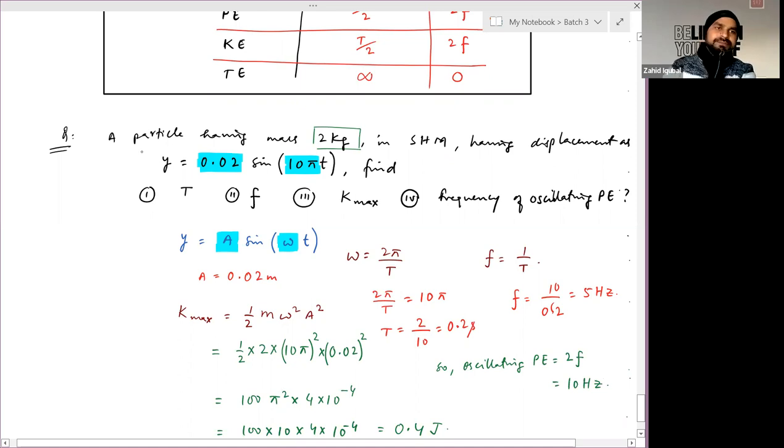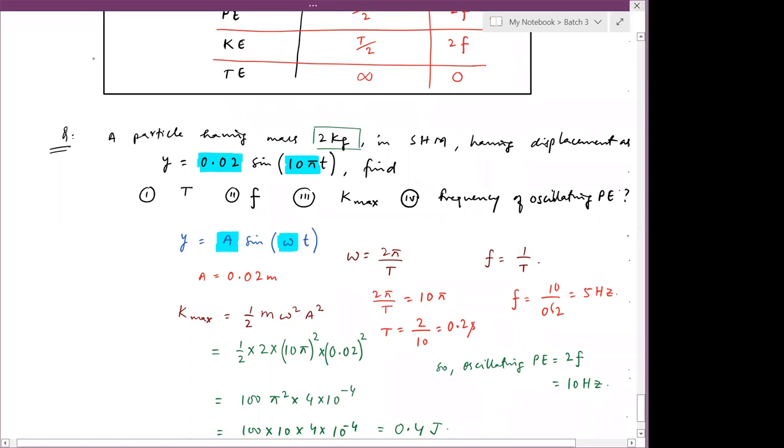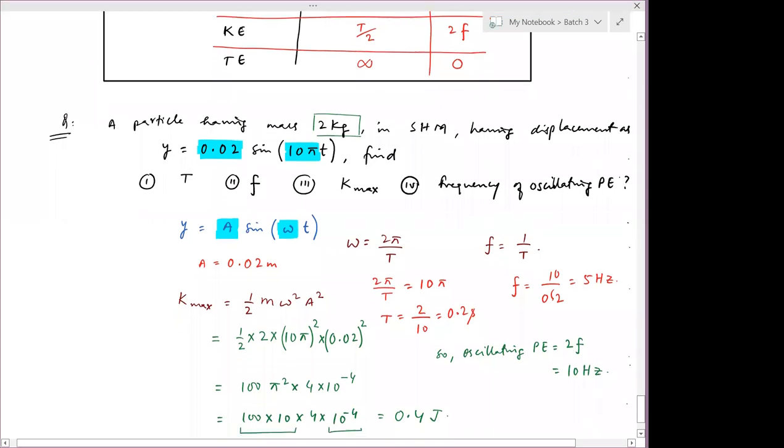Abhinav, any doubt? No, sir. Okay, just write it down.